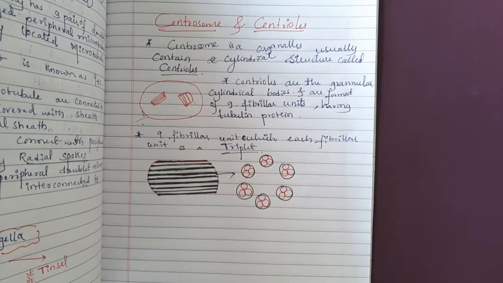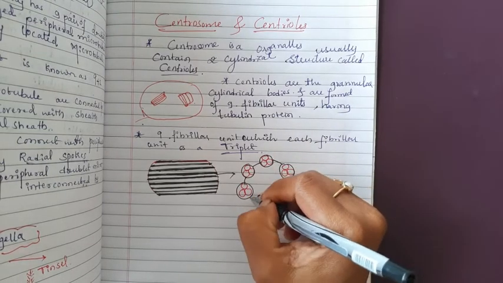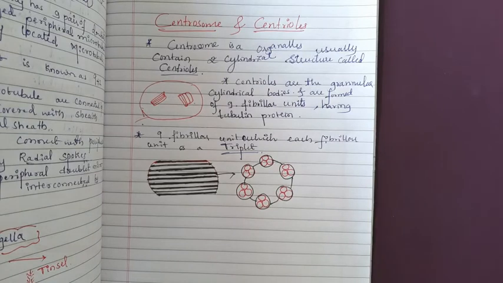Okay, each fibrillar unit or triplet is also linked with each other. The central part of the centriole is the hub. It connects with the peripheral fibrils by the spokes made up of protein.